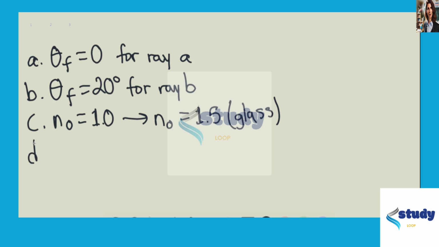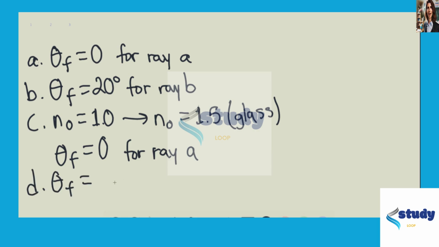So for part C, theta sub f equals 0 for ray A once again, and for part D, theta sub f equals 20 degrees for ray B. So that would be our final answer.